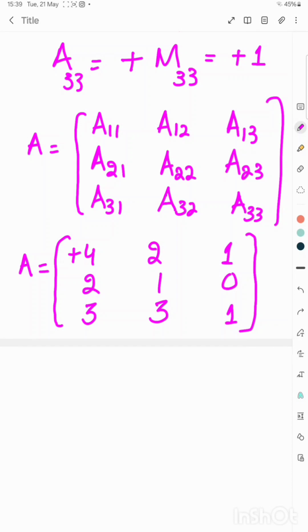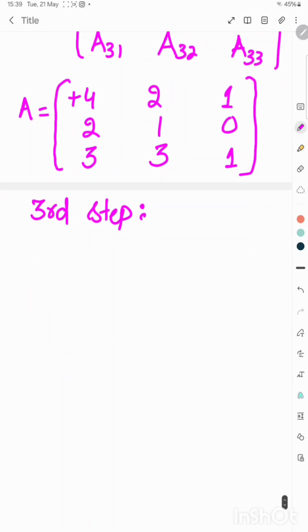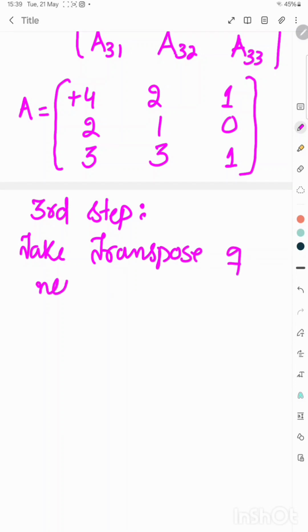How? For this we will go for our third step. In the third step, I will take the transpose of this new matrix.